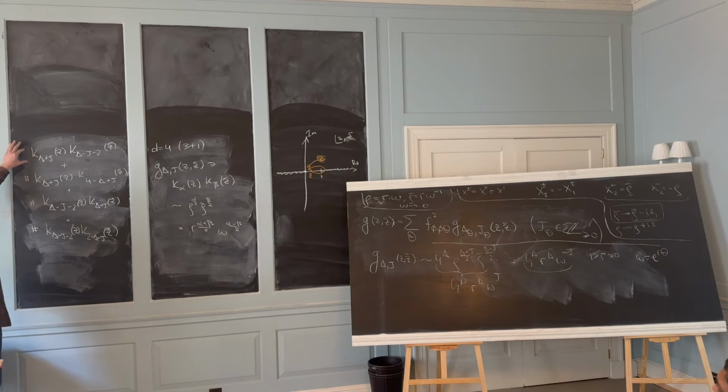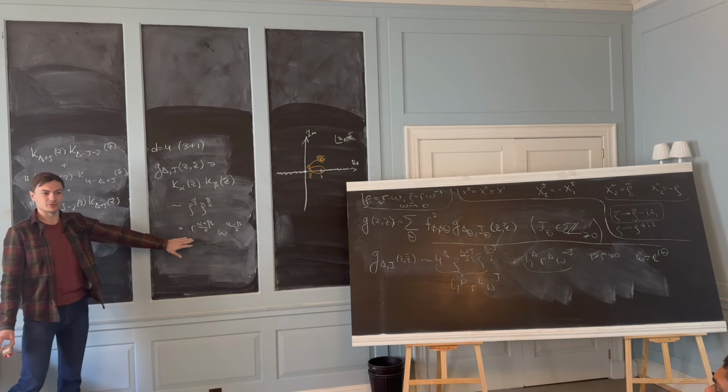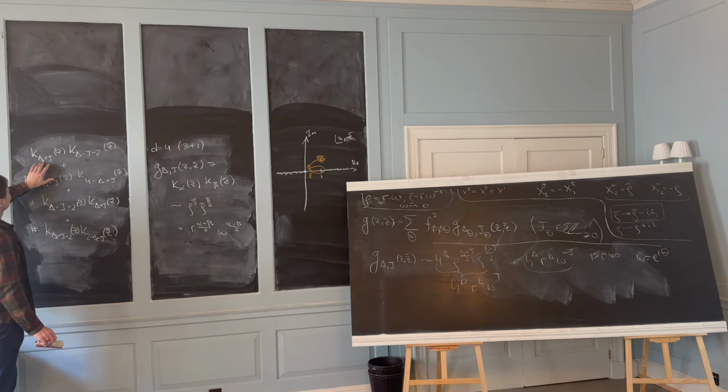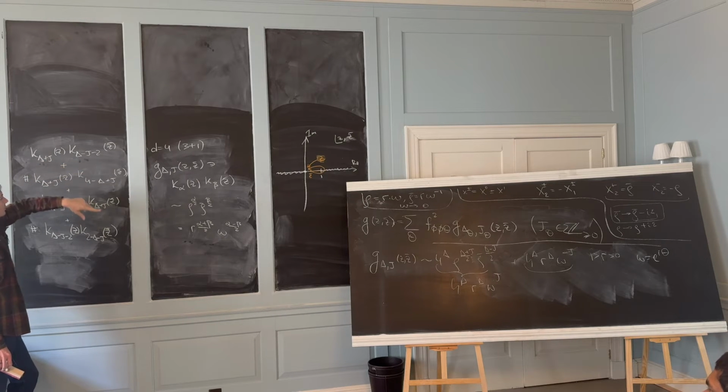So now I'm just going to replace each one of these terms by this sort of expression to see what's going on. So this term is going to be r to the power delta, omega to the power j.